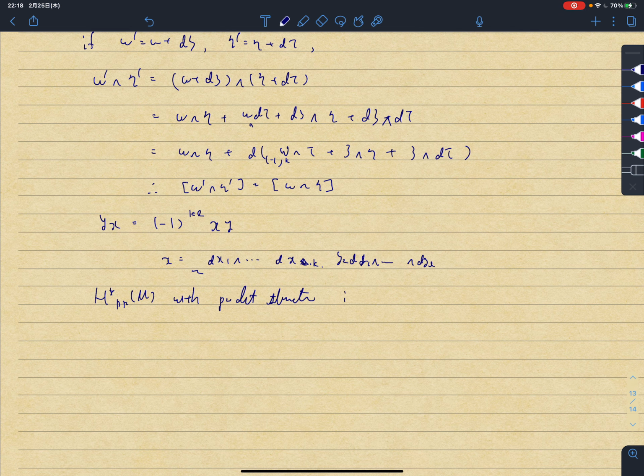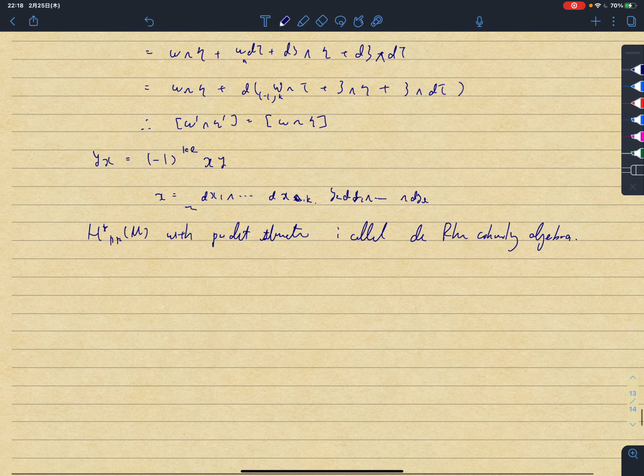De Rham cohomology is not only a cohomology but also an algebra. Okay.